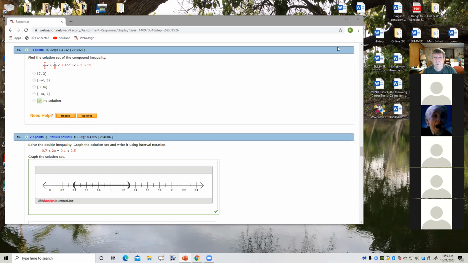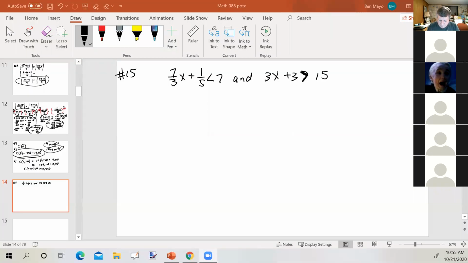Okay, back to our working screen. So the first inequality on the left, I'm going to clear the fractions. I'm going to multiply both sides by 15. So on the left, I get 15 times 7/3 x plus 15 times 1/5 less than 15 times 7, which is what? 105.